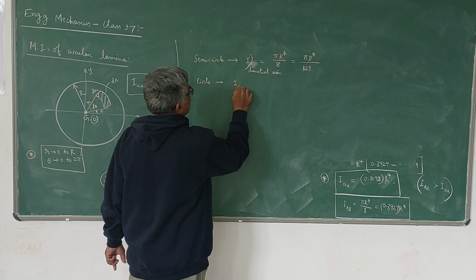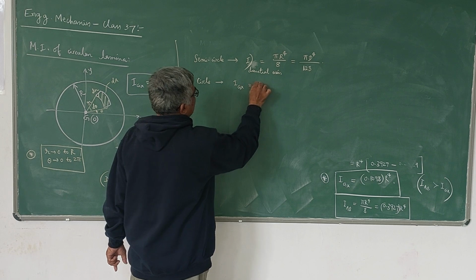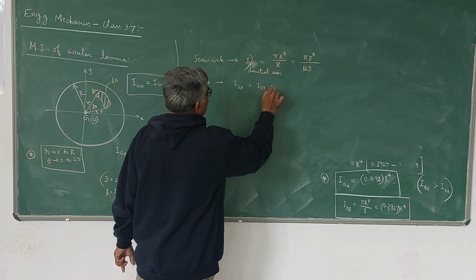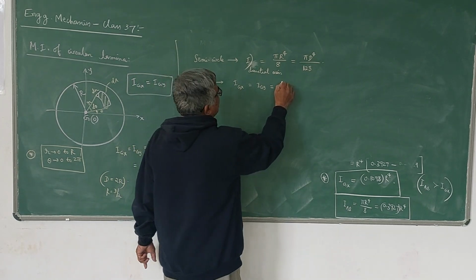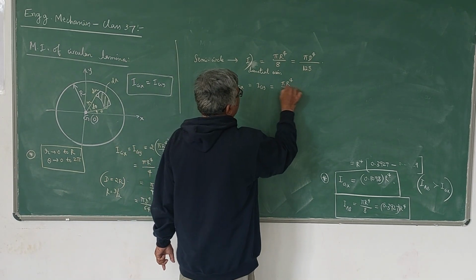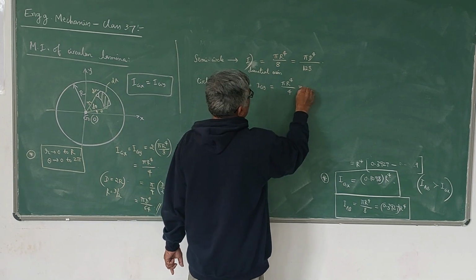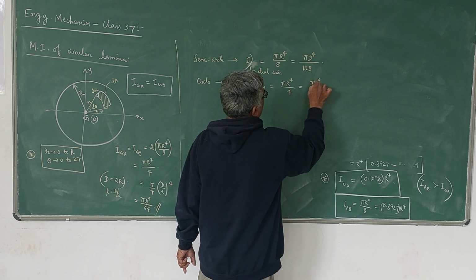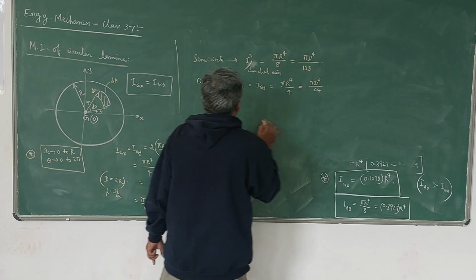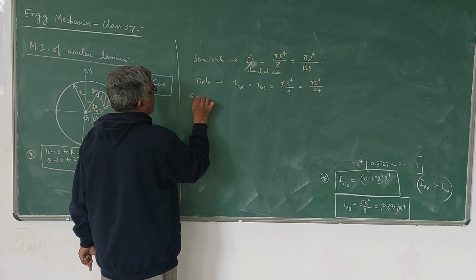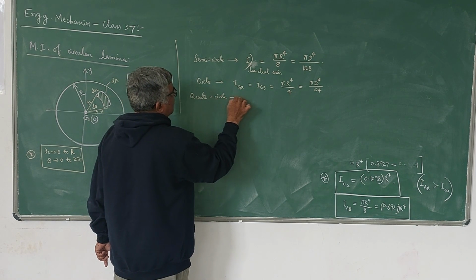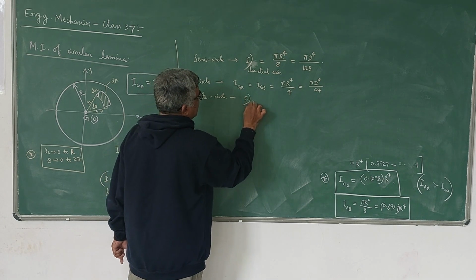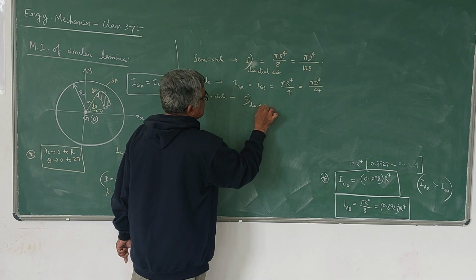I or IG, anything, IGX or IGY, any diametral axis. All these three are about the diametral axis. It is pi r power 4 by 4, that is 2 times of this, which is pi d power 4 by 64. For quarter circle, once again it is I with respect to diametral axis.